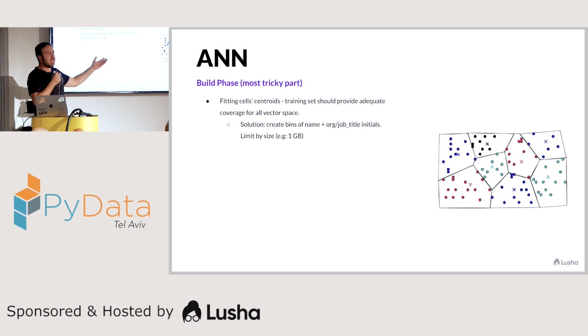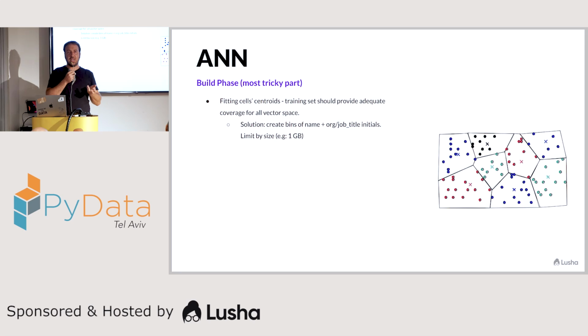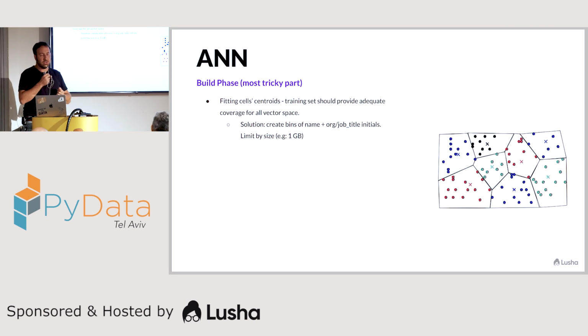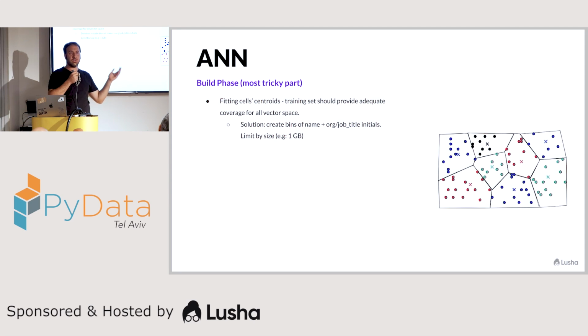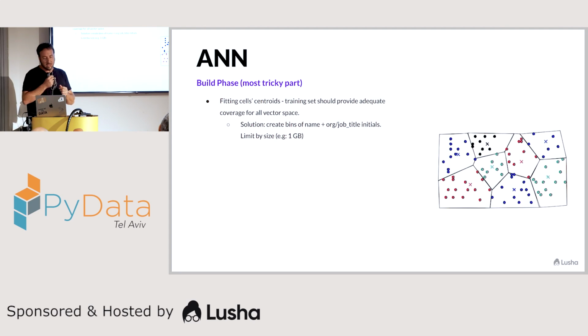But for fitting it, I can't use the entire data set. So I need to find a good sample to train it on. And a good sample is not just taking the first 1 million, because the first 1 million can be only names that start with A. I need to find something representative, with the same distribution as my whole data.